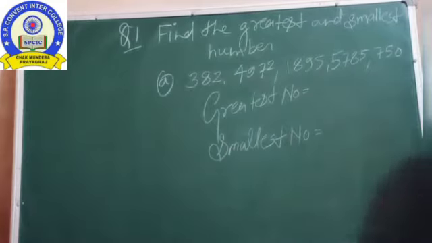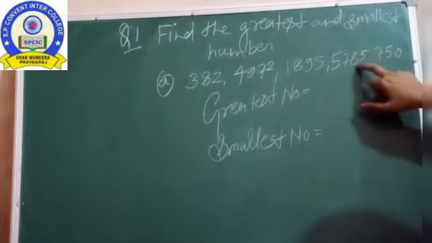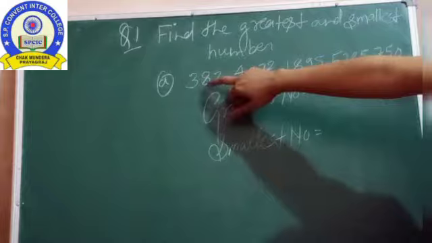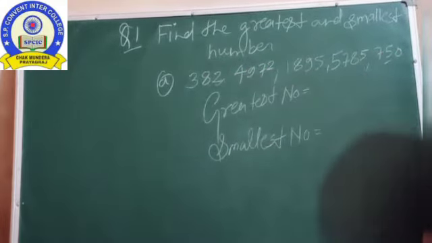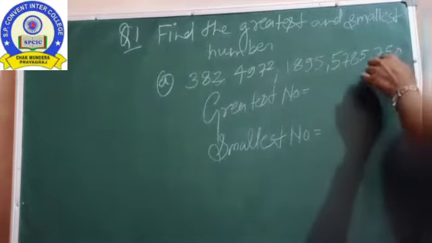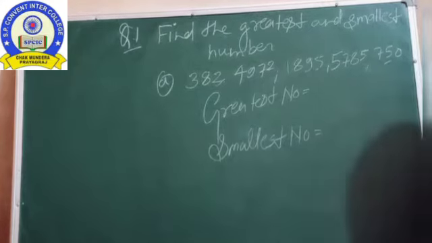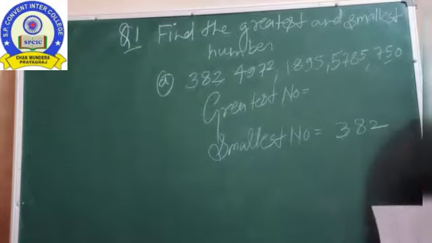What is the greatest number? First rule, count the number of digits: 1, 2, 3; 1, 2, 3, 4; 1, 2, 3, 4; 1, 2, 3, 4; 1, 2, 3. It means this and this are compared. For smallest number, this is 7 and this is 3. 3 is less than 7, it means the smallest number is 382.